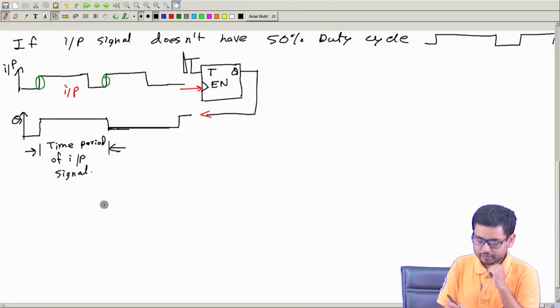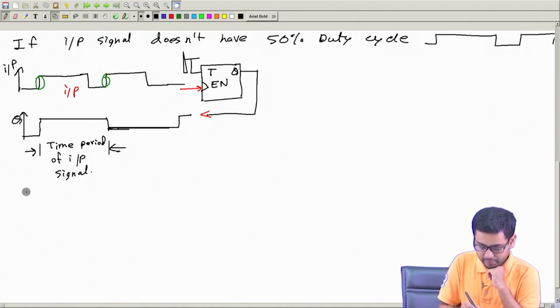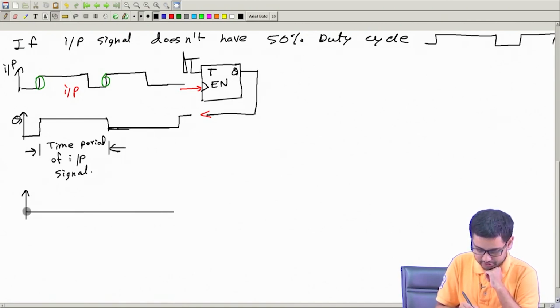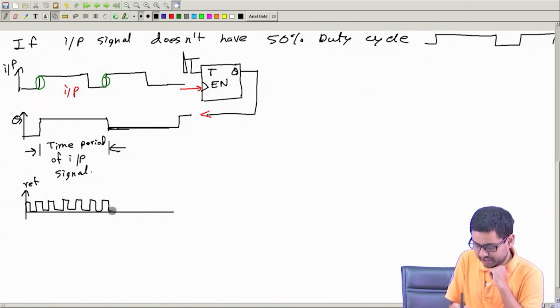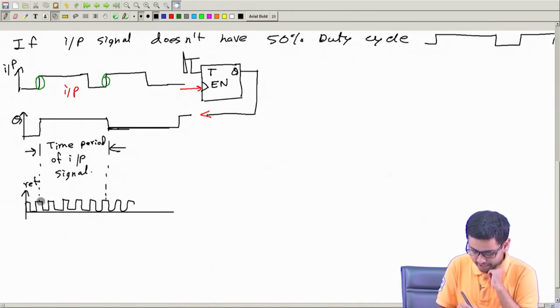Therefore, if I use this Q and measure the number of reference cycles, and if this is my reference signal, which should be of much higher frequency, now you count the number of reference signals within this time. How many do we have? 1, 2, 3, 4, 5.